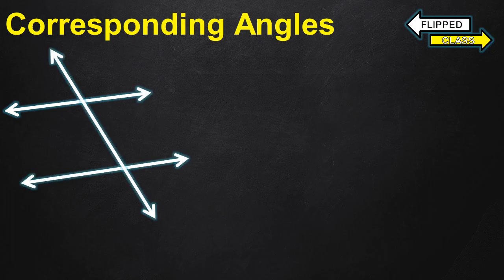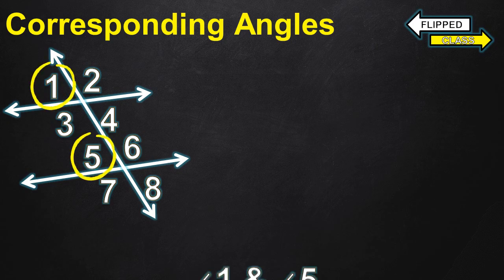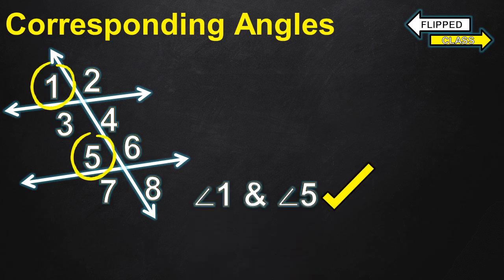Consider this figure, we come up with different angles here. Actually, there are 8 angles formed if a transversal cuts 2 different lines. Let us label them from angle 1 to angle 8. In this figure, angle 1 and angle 5 are considered as corresponding angles.